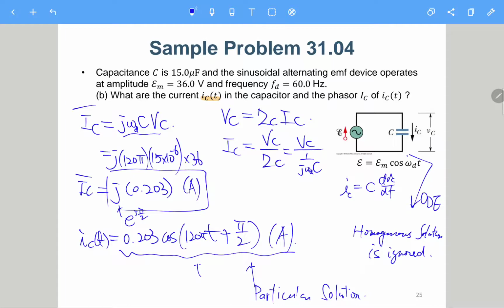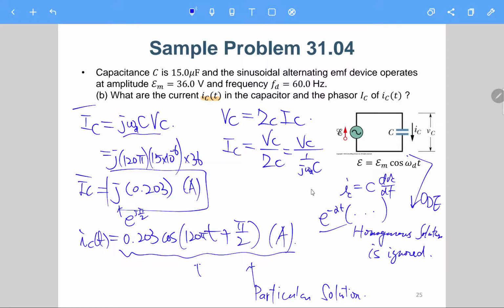Because suppose the circuit is stable, then the homogeneous solution will be something like exponential to minus alpha t times something. It is a negative exponent, which means that when t is large enough, this term will vanish. This term will tend to 0 as t is large enough.